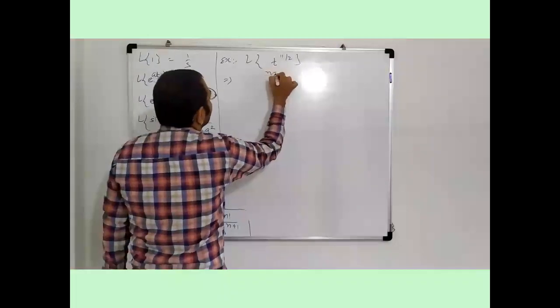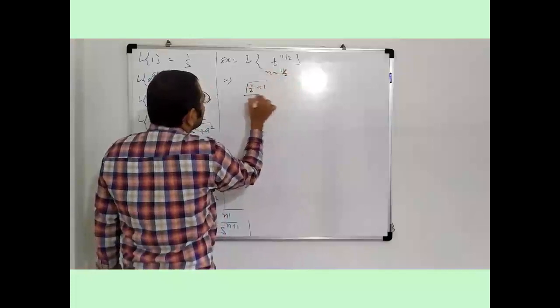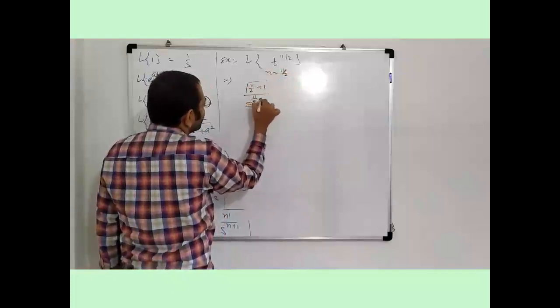Here n equals 11/2, so we get gamma of 11/2 plus 1 upon s raised to 11/2 plus 1.